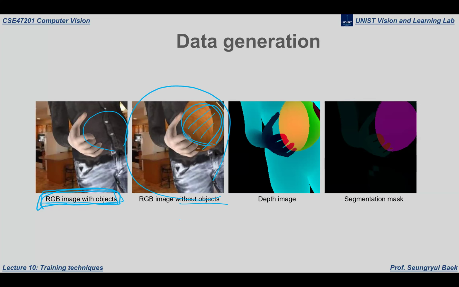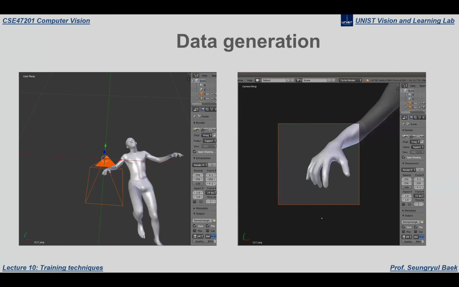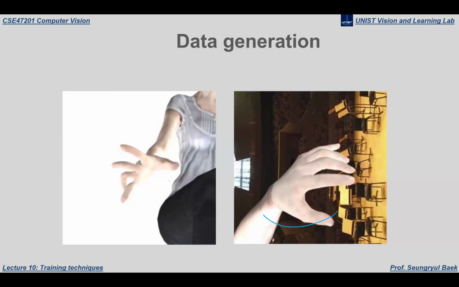So we can render the same RGB image with and without the object. And we can also get them in different modalities, segmentation mask and depth. This is the merit of the graphics engine. So this is an example of capturing rendered images, synthetic data from the 3D model, and these are the examples for that.